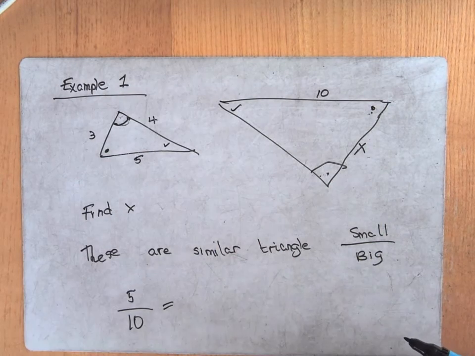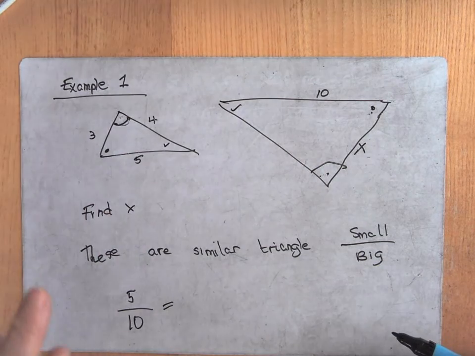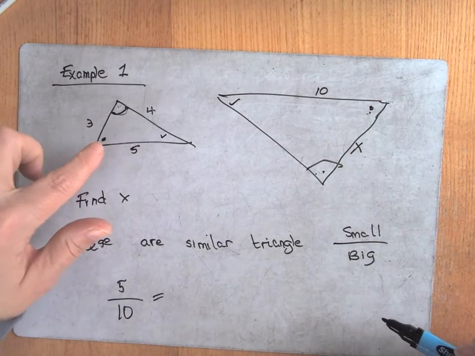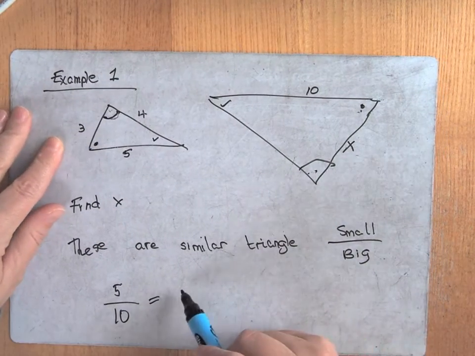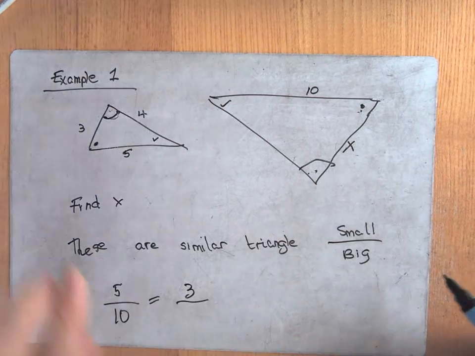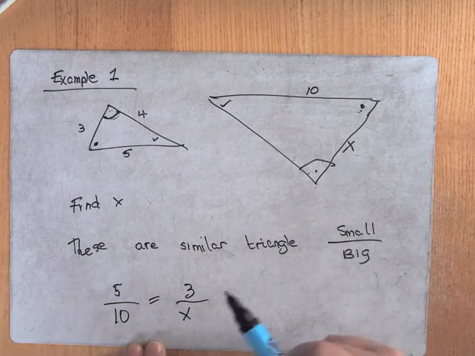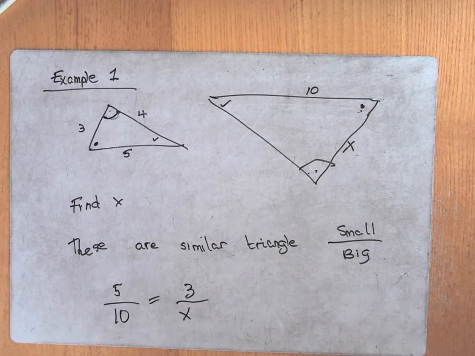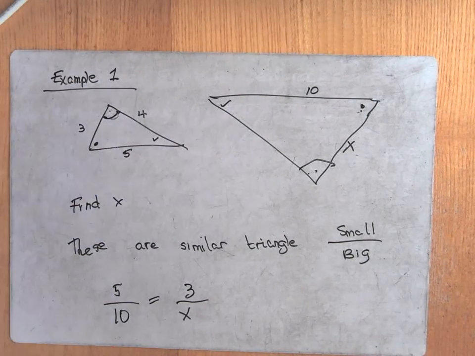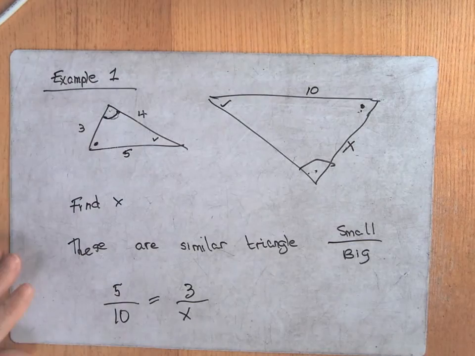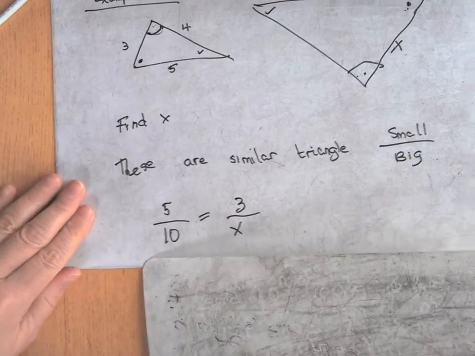Now I'm going to pick the side between the circle and the dot. So between the circle and the dot, that's 3. And over this side, the side between the circle and the dot is x. Okay, so I have my fraction set up.